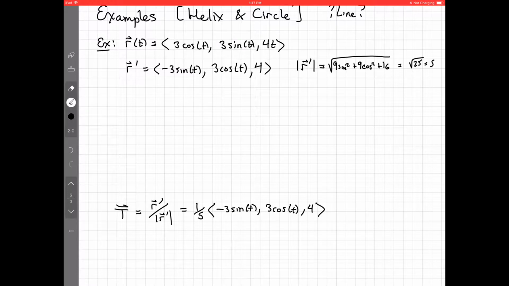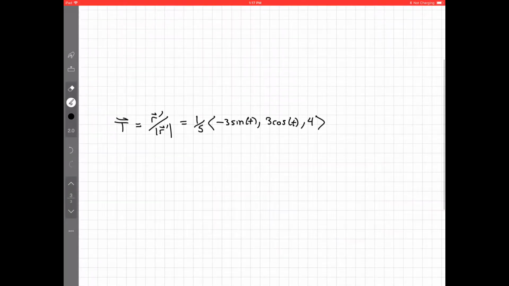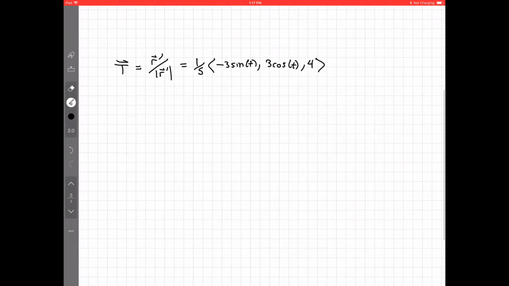So I'm going to try to give myself some space for later. We'll scroll down here and write T prime is equal to, let's see, we have 1/5. We get negative 3 cosine of t, minus 3 sine of t, and 0. All right.